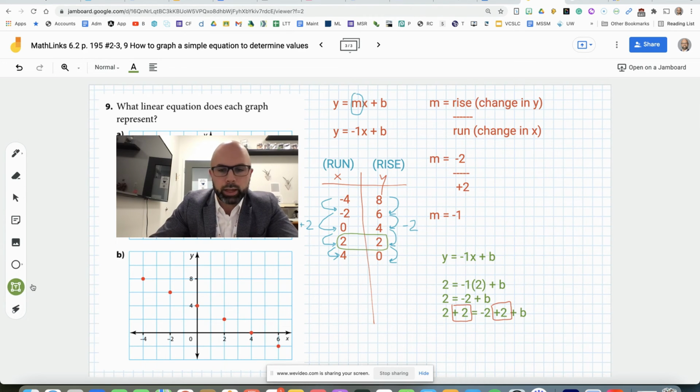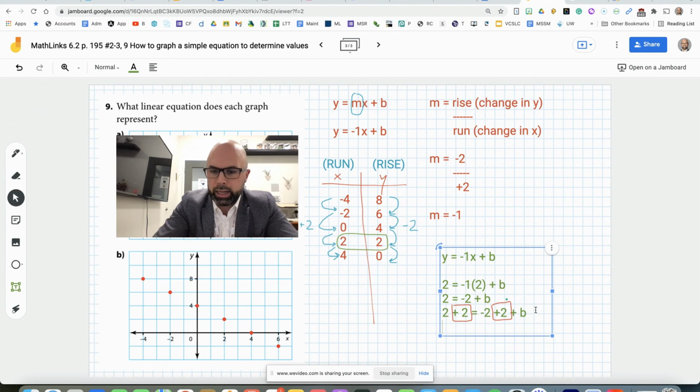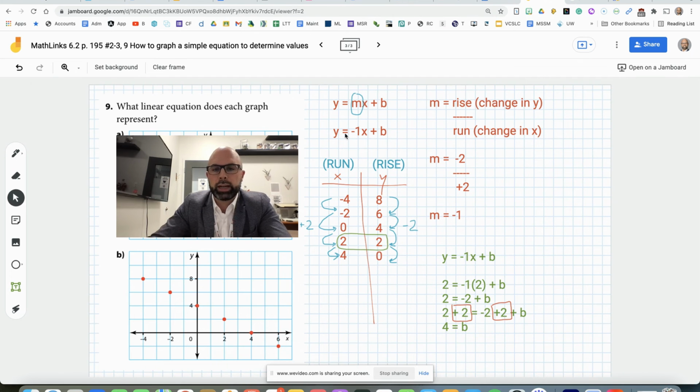Okay. And I'm almost done. Now on this side, 2 plus 2 equals 4. And on this side, the 2's are going to cancel out. -2 plus 2 is 0 plus b. So 4 equals b. So now if I want to go back up here, I can say that y equals -x plus 4.